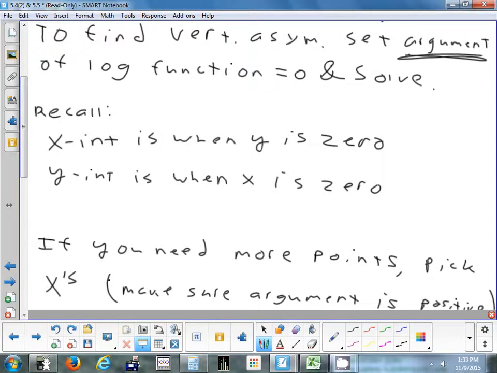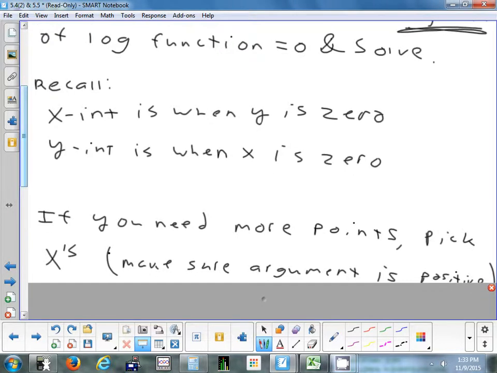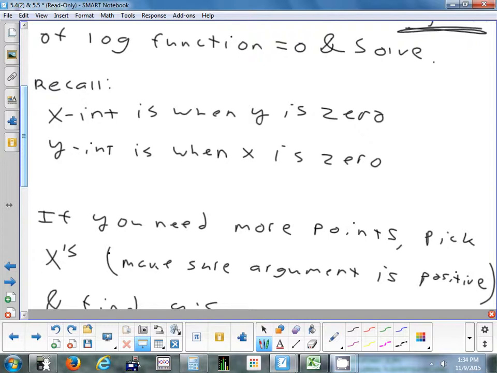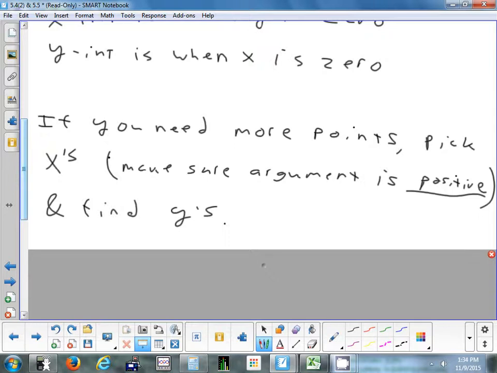Just remember that the graph of a logarithm only goes in one direction. So make sure you pick points in the direction it goes. If you don't, you're going to get an error. Can't take the log of negative numbers or 0. All right, so for this part, use your table and your calculator.